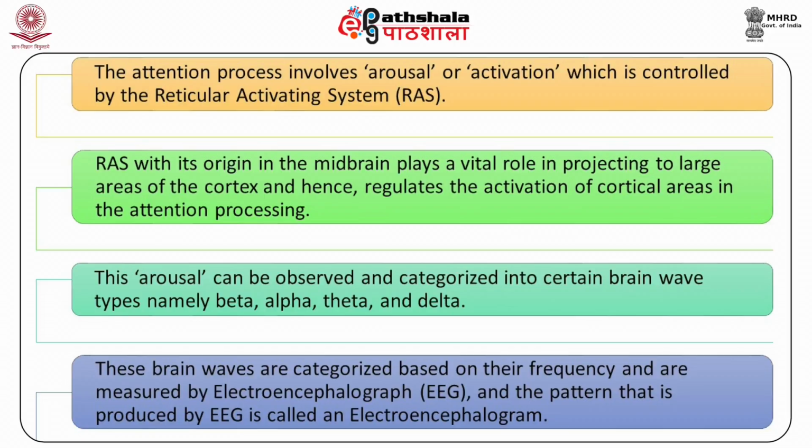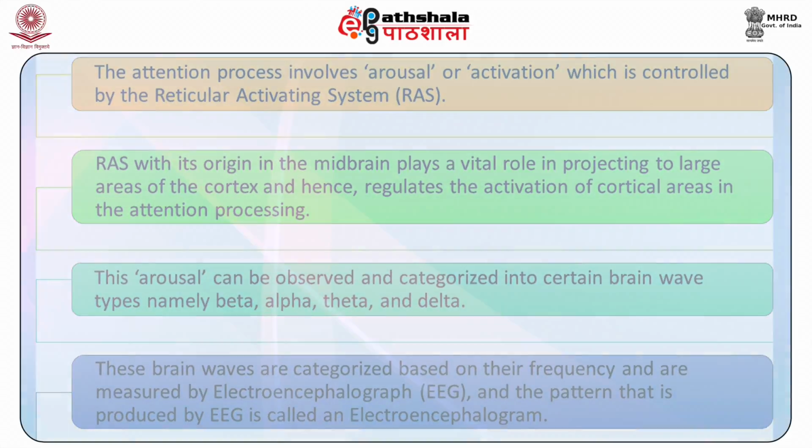This arousal can be observed and categorized into certain brain wave types, namely beta, alpha, theta and delta. These brain waves are categorized based on their frequency and are measured by the electroencephalograph, EEG, and the pattern that is produced by EEG is called an electroencephalogram.